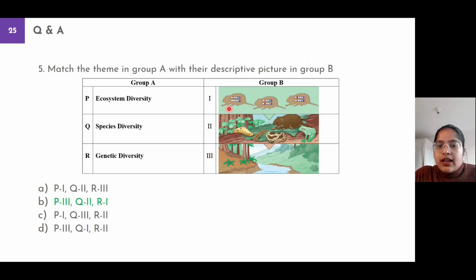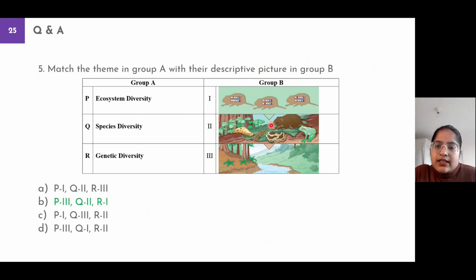Image A shows three individual rats, but they are all genetically different in their genetic material composition. So this matches with genetic diversity, R, which is correct.